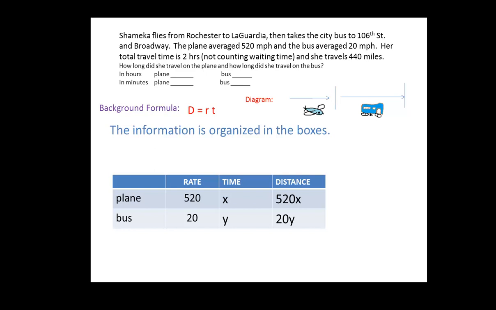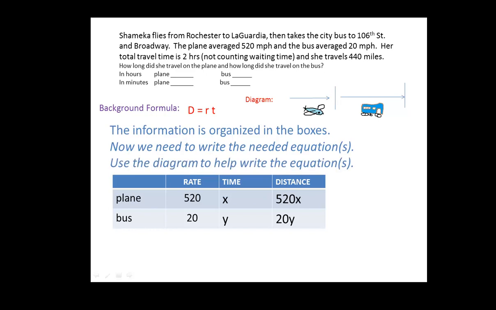Everything's nicely organized now in our boxes. The next thing we need to do is to write equations. And the diagram is often helpful. So in my boxes I have the distance of the plane and the distance of the bus. For the plane our distance is 520x miles. That came from here. And for the bus, our distance is 20y miles.